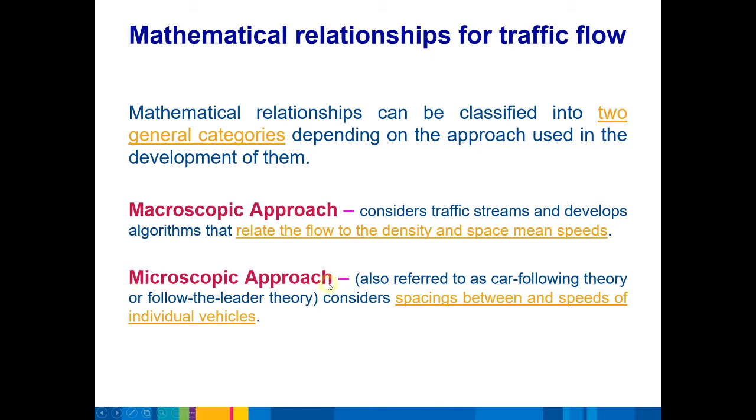So if we want to model a particular intersection and we want to know what is the capacity of this roundabout or what is the level of service of these traffic signals, we can input all the different demands on vehicles wanting to go straight, turn left, turn right. We can look at all of that and figure out how many vehicles are getting through, how that relates to the demand, and what's the level of service.